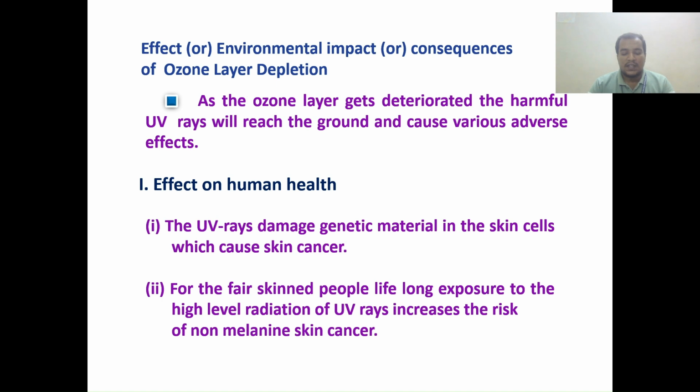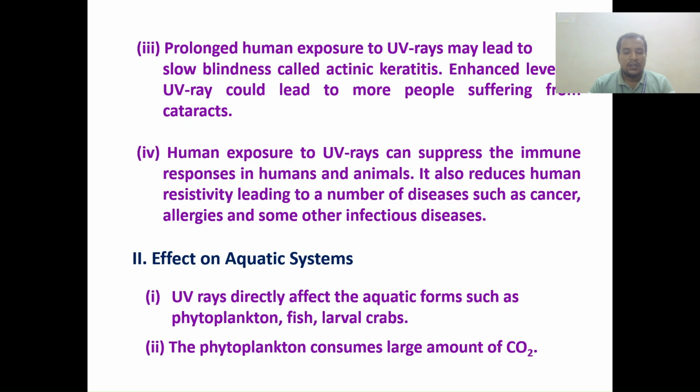Fair-skinned people with lifelong exposure to high levels of UV radiation have an increased risk of non-melanoma skin cancers. Prolonged human exposure to UV rays may lead to slow blindness called actinic keratitis. Enhanced levels of UV rays could mean more people suffering from cataracts.